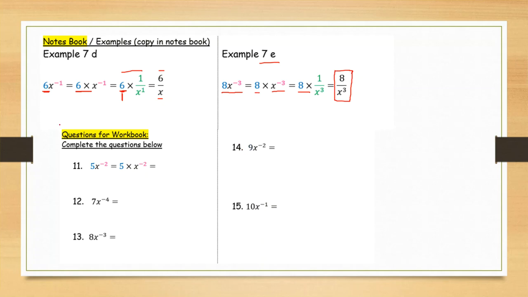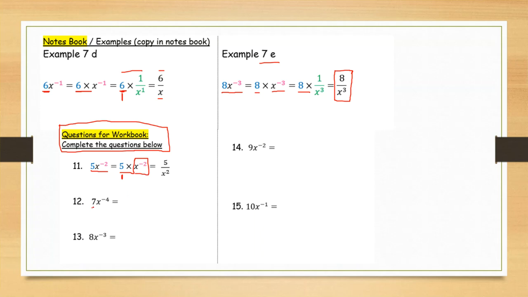Again, questions for your workbook. Pause the video, and when you're ready to check them, press play. So a little bit of help here, 5x to the minus 2, 5 times x to the minus 2. 5 stays on top, because remember this is 5 over 1, so 5 over x squared.